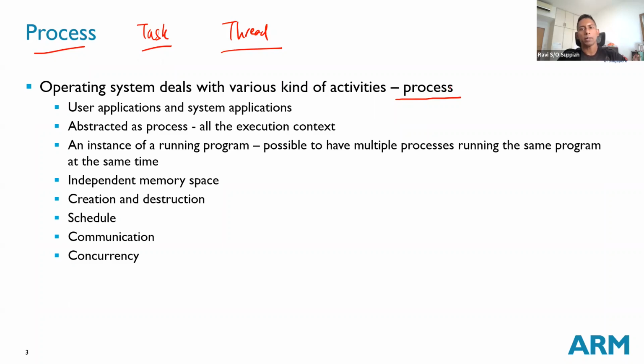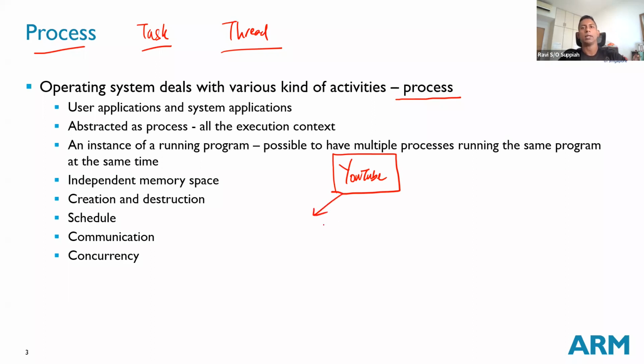Take for example, you launch your YouTube application. That itself is a process that is running on your OS, whether it's a handphone or whatever. Now, for that process to run effectively, I need to manage many activities, correct?